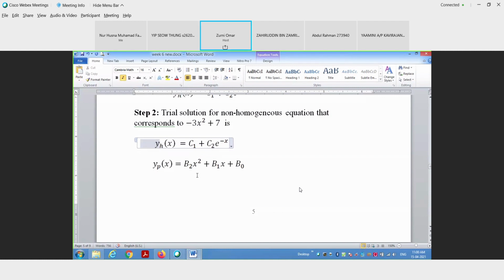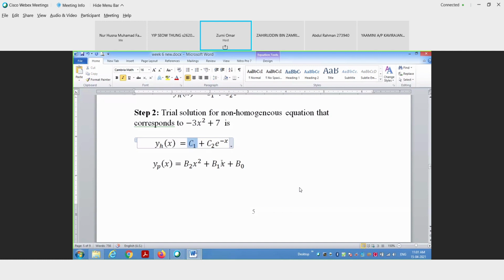Okay, Yip, you compare B2 x squared with this. Not the same, right? Compare B1 x with this, not the same form. There is no x there. You compare B1 x with C2 e to the x, not the same form because this one has an exponent. But you compare B0 with C1.